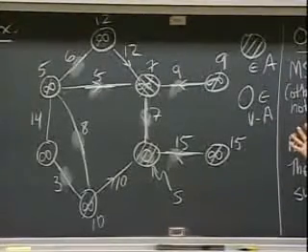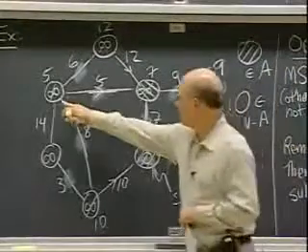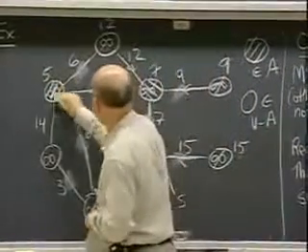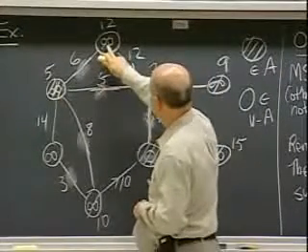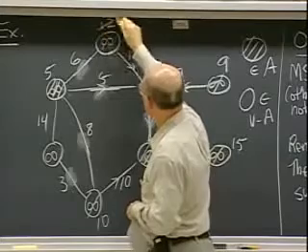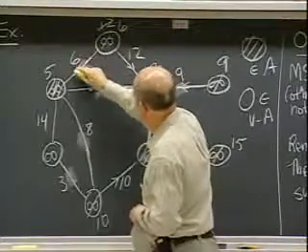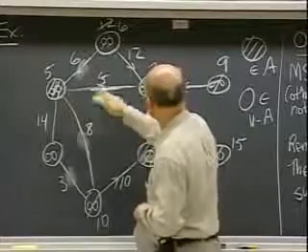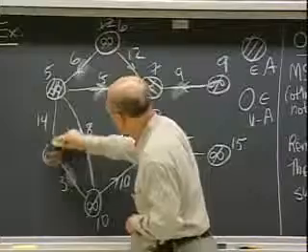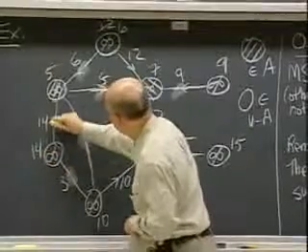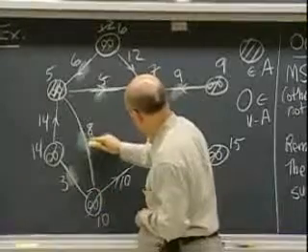Now we find the cheapest one. What's the cheapest one now? The 5 over here. Good. So we take him out. We update the neighbors. Here, yep, that goes to 6 now. And we have that pointer. And this guy we don't do because he's not in there. This guy becomes 14. And this guy here becomes 8.